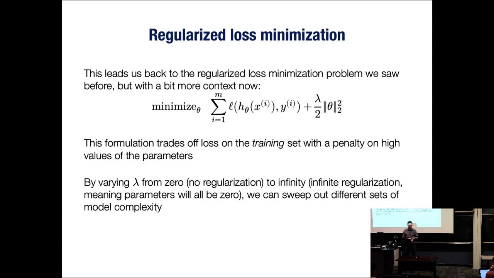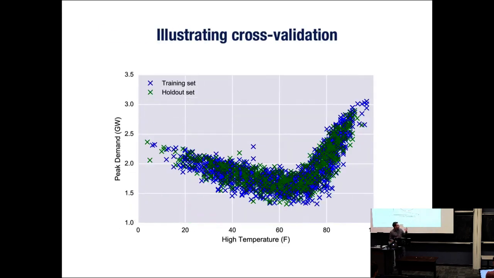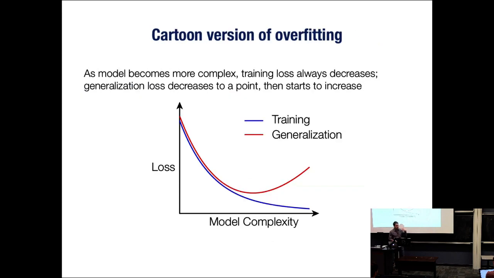And by varying lambda from 0, meaning no regularization, to infinite, meaning you always pick the 0 parameters, you can sweep out the whole curve of performance. So the figure actually looks exactly like this. This cartoon, at least, and I'll show the real thing in a second, looks exactly like what we had with model complexity in general.